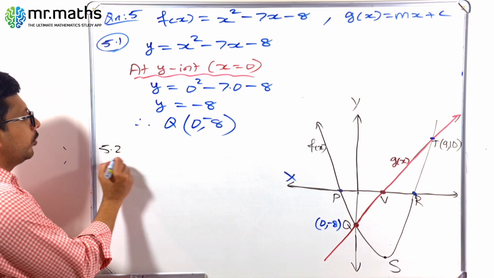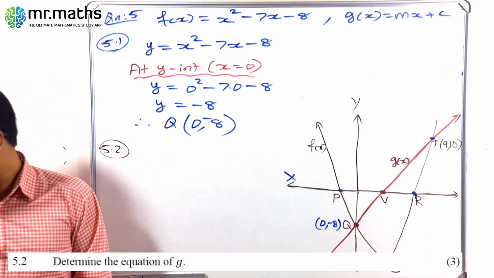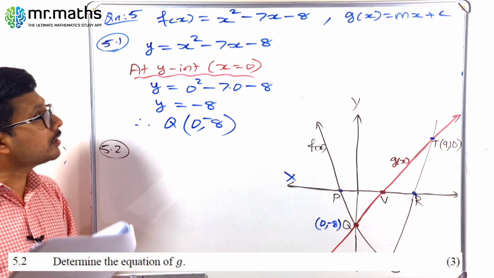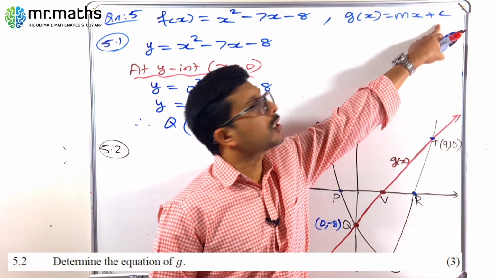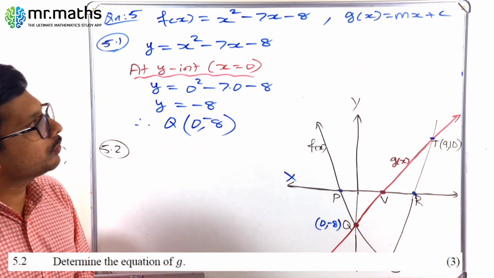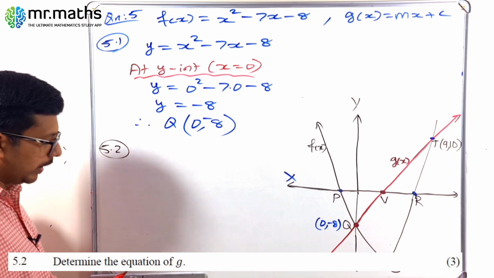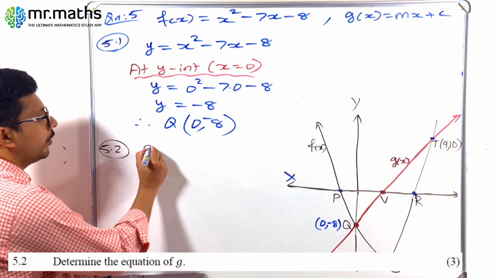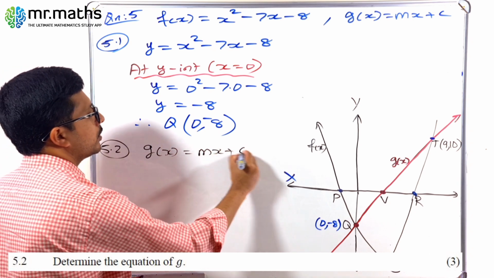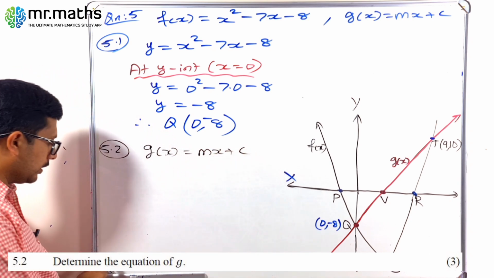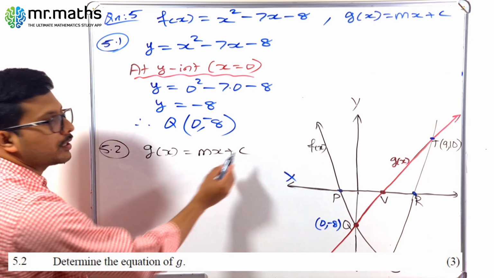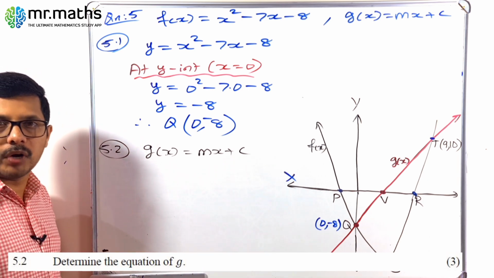Question number 5.2. What is that question? Determine the equation of g. What is g? g of x is mx plus c. So you have to write the equation of g. g of x equals mx plus c. What is that c? C stands for the y-intercept.